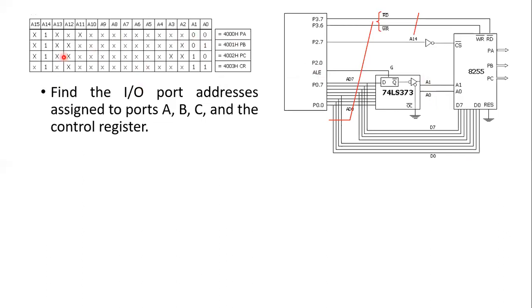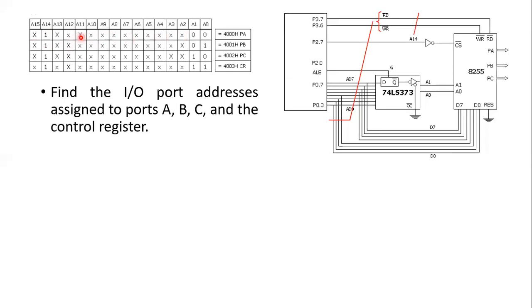What should be the address given to the 8255 from the 8051? Look into it. This is 0 1 0 0, isn't it? So this is 4. Remaining bits can be anything.